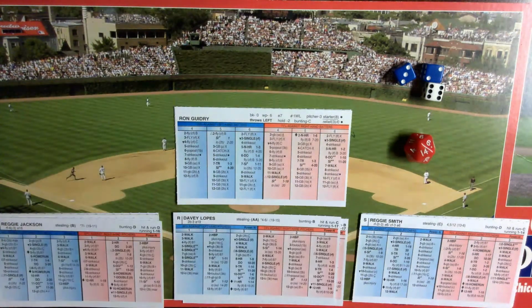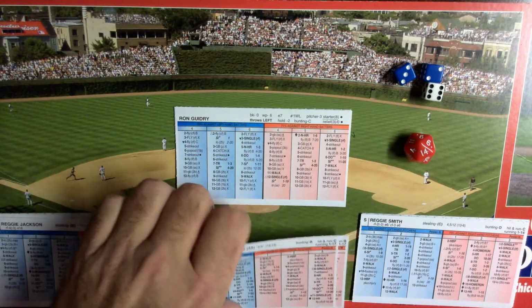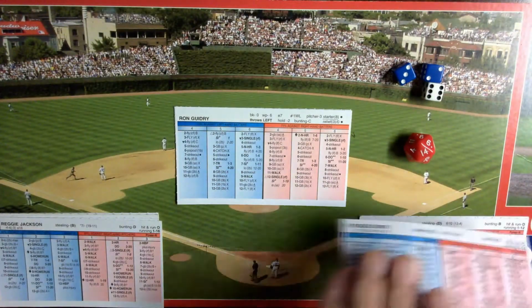So Lopes will score. So that's a sacrifice fly for Russell. And there's 2 runs for the Dodgers in this inning. Reggie Smith will be at the plate with 2 outs.